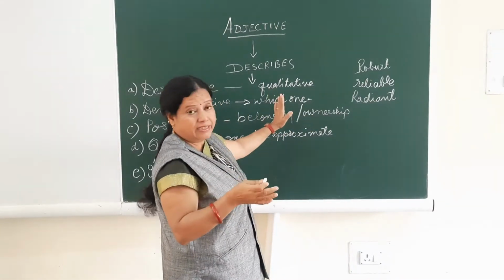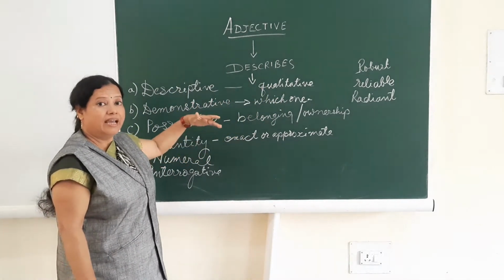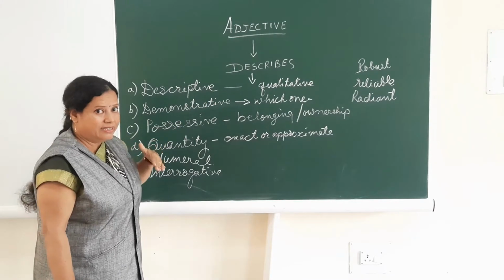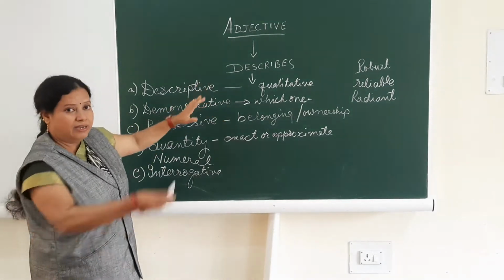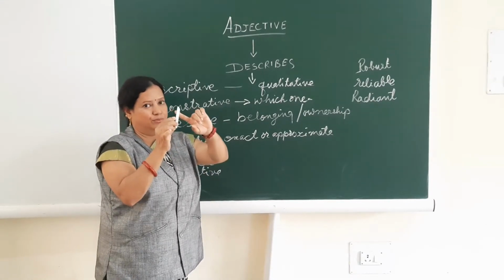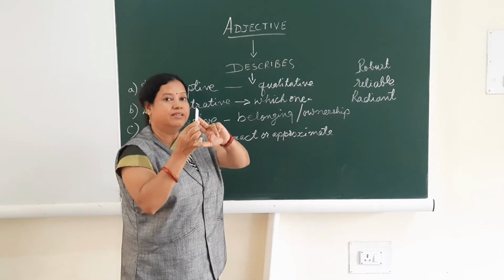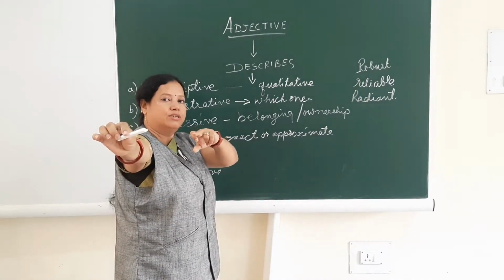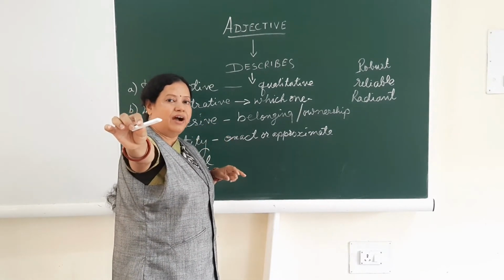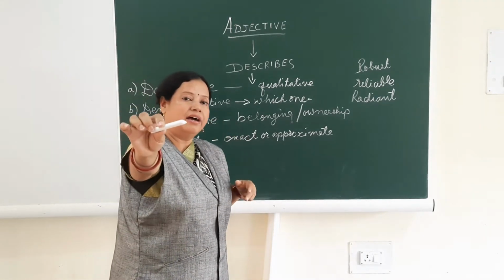It demonstrates the nearness and farness. I am saying this is my chalk. This chalk is very near to me. I can touch it. This is showing nearness. That is a chalk. Now it is far away from us, so it demonstrates the farness.